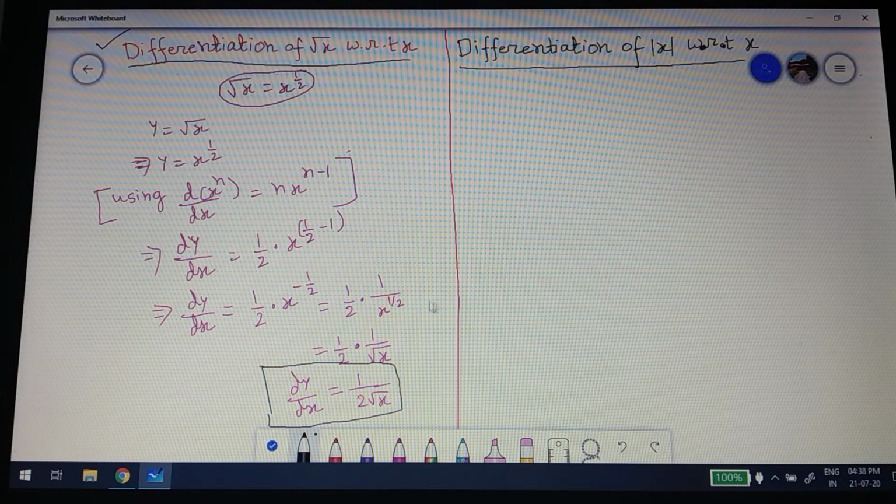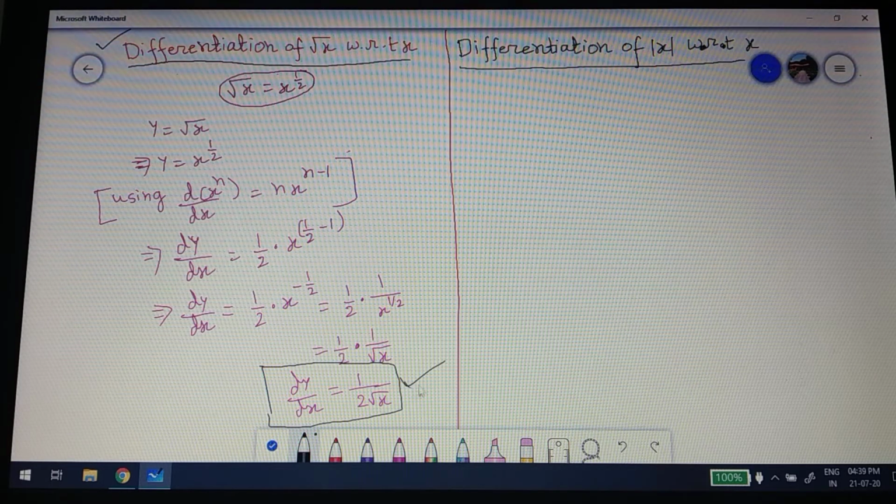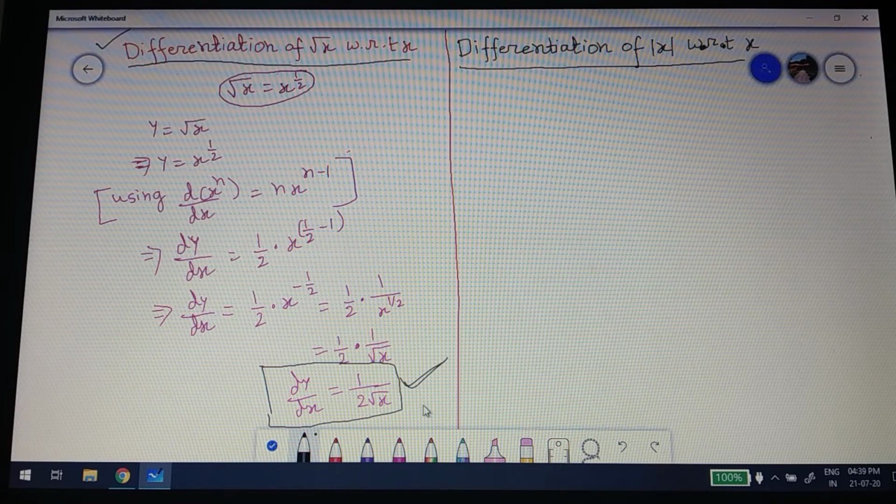So wherever you are finding root x and you need to calculate derivative, directly you can write this, that 1 upon 2 root x.